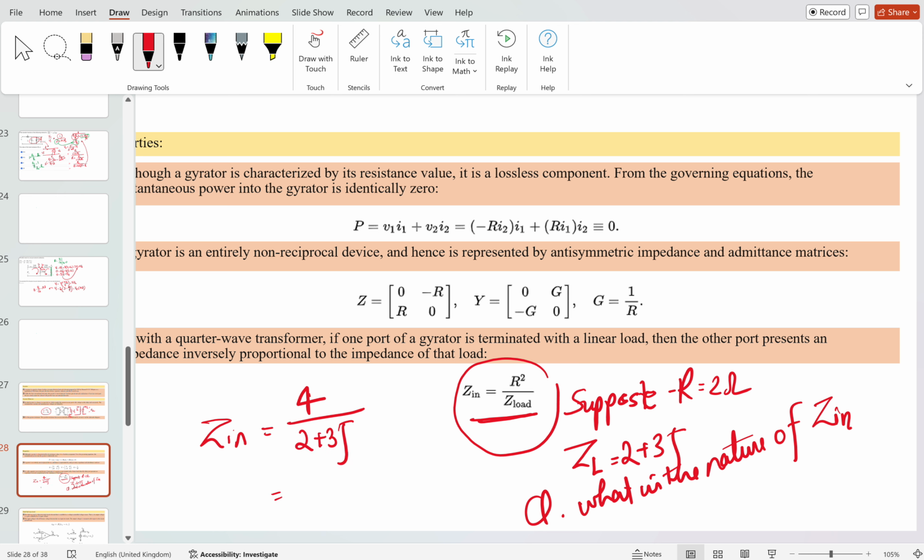Try to find it in terms of the magnitude, mod of Z in, and the angle of Z in. If it is negative, it is a capacitive nature. If it is positive, then it is an inductive nature. And if it is zero, then it is a resistive network.